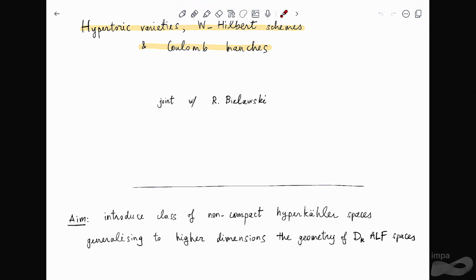Probably the results in the end are definitely much less conclusive than we would have hoped for. But this is what I'll talk about.